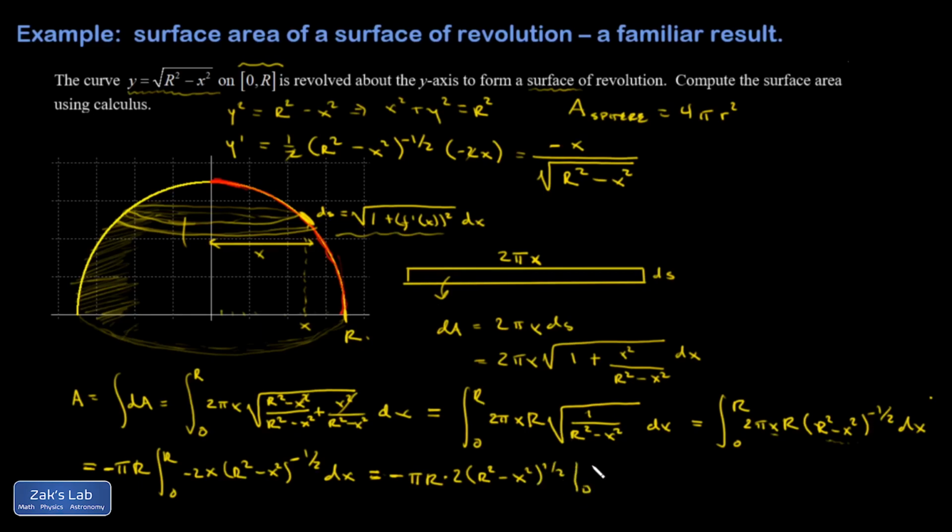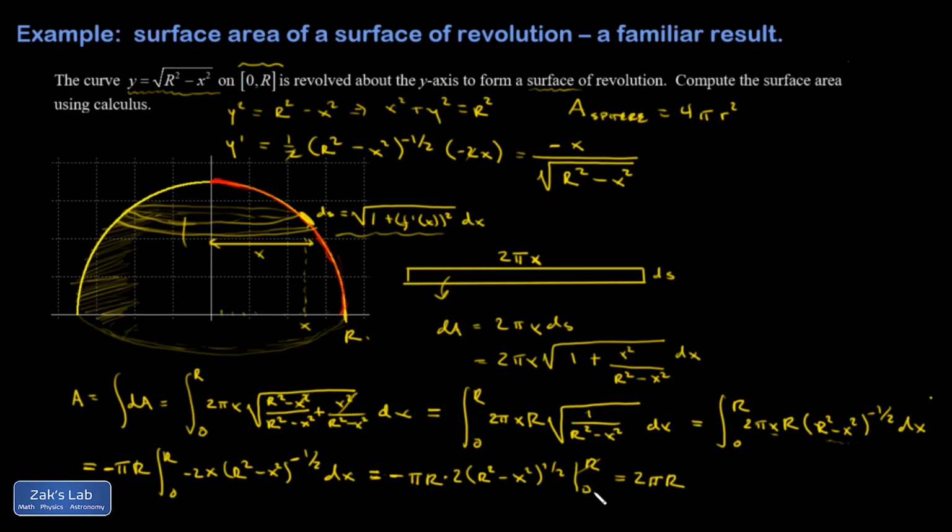Now I evaluate from 0 to r. And when I plug in the upper limit here, I get r squared minus r squared, which is 0, so I'm just going to cross it out right there. Then I subtract what I get when I plug in the lower limit, and that's going to kill the minus sign. So out in front, I have a 2, a pi, and an r, and I'd rather write that as 2 pi r.